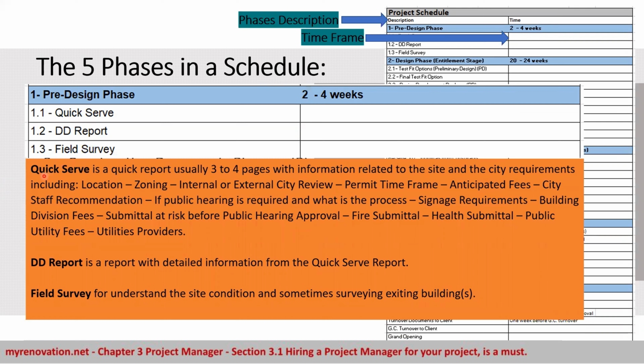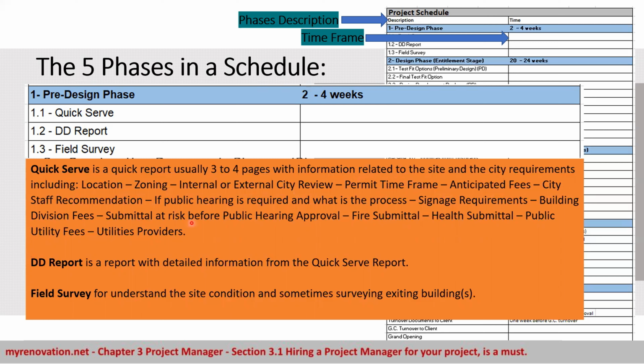Quick serve. Quick serve is a quick report, usually 3 to 4 pages, with information related to site and city requirements, including location, zoning, internal or external city review, permit time frame, anticipated fees, city recommendation, if a public hearing is required, and what is the process.